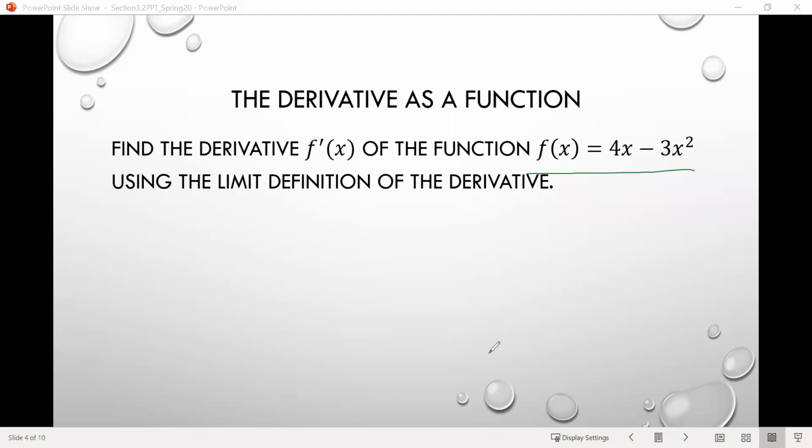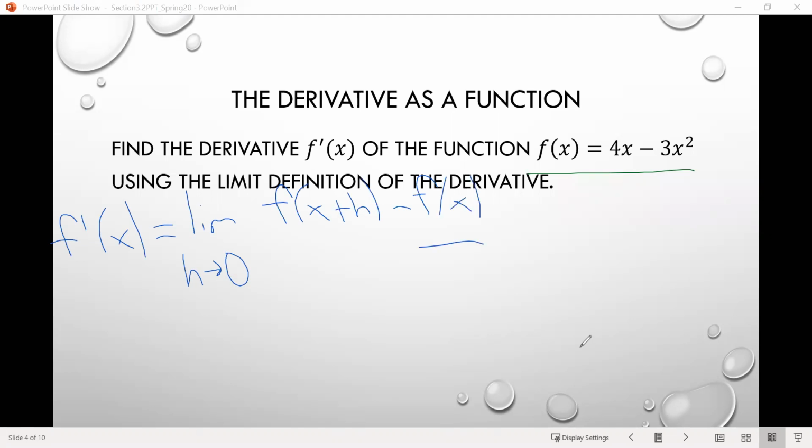So we will have that f prime of x, again, that represents the derivative, is given by the limit as h approaches 0 of f of x plus h minus f of x all over h. Okay? And again, we're just using a general x here, so not any specific value.